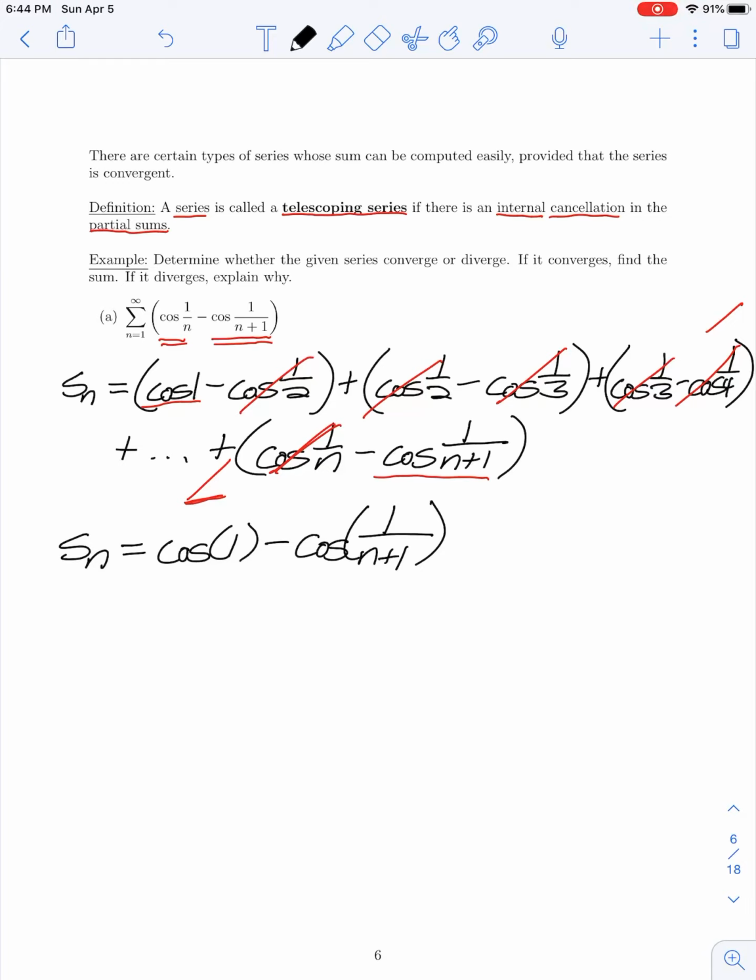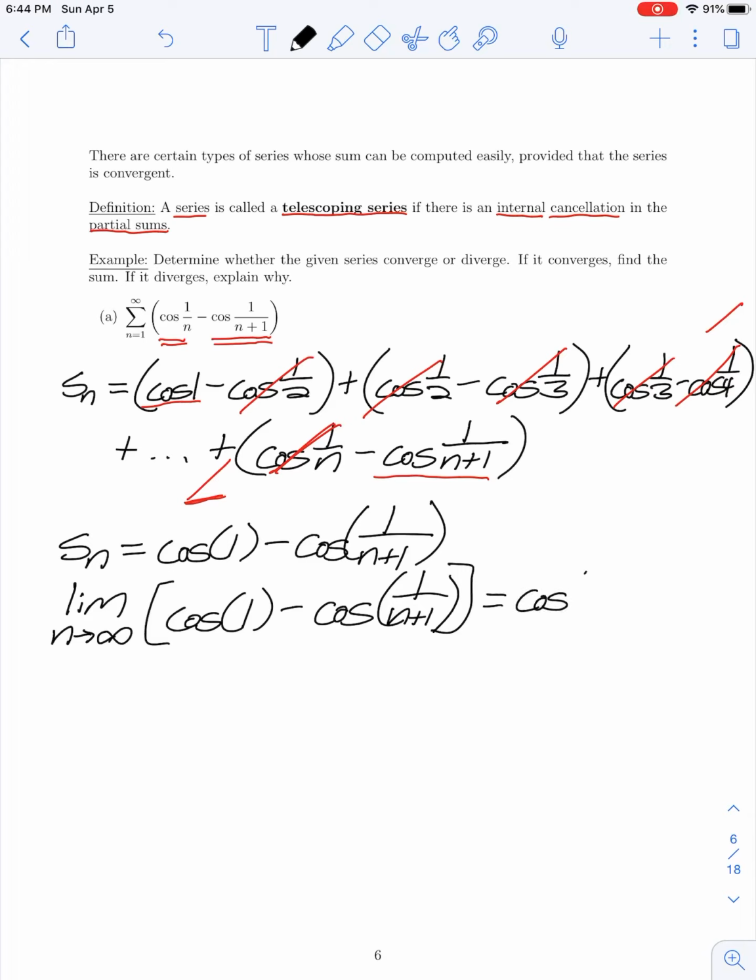So this is the nth partial sum, and to determine whether this sequence converges or diverges, we look at the limit as n approaches infinity. So here, taking our limit, we have our first term as the limit of a constant, cosine of 1. And then as n becomes infinitely large, this 1 over n plus 1 term decreases to 0, and we're left with cosine of 0, which is 1.